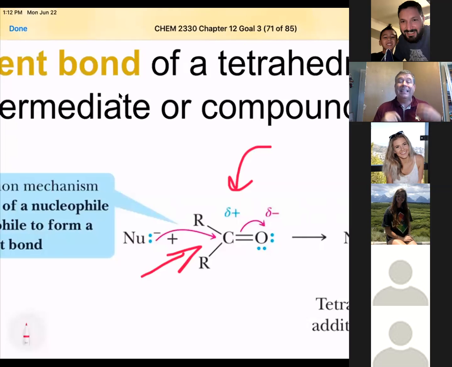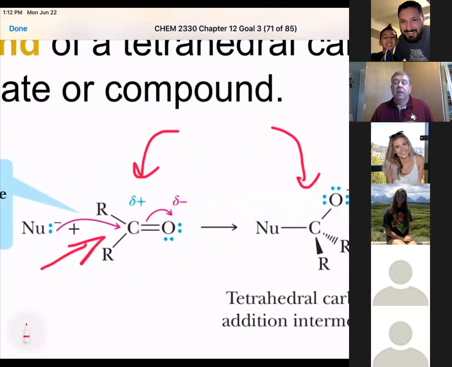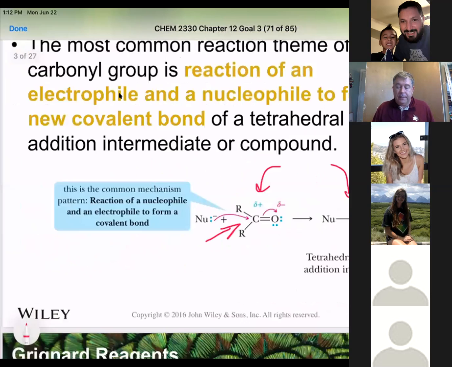So we're doing an addition across that double bond, meaning something ends up attached to the oxygen at the end. A lot of times it's just a proton transfer, and we'll see the creation of an alcohol. Basically all we're doing is taking a nucleophile or Lewis base and attacking the partially positive carbon to create a new sigma bond.